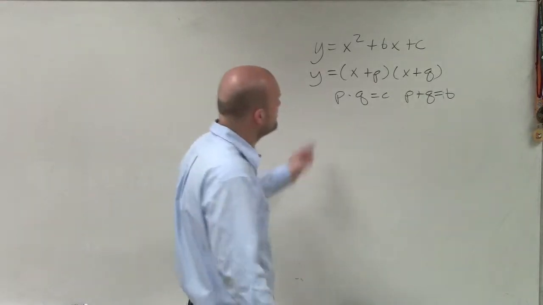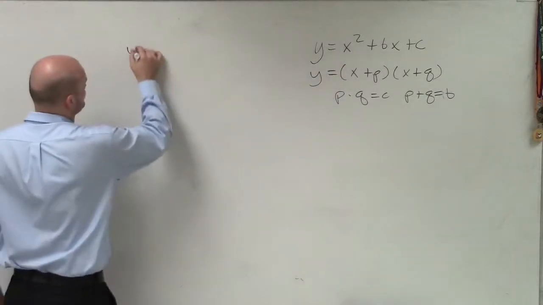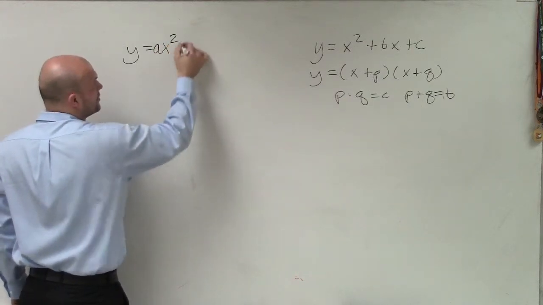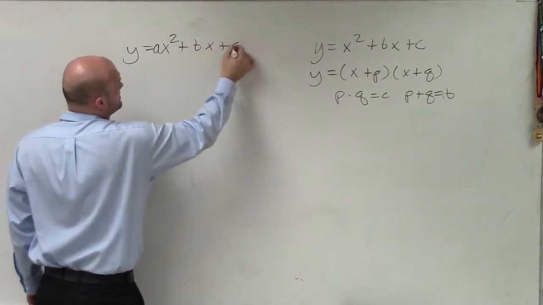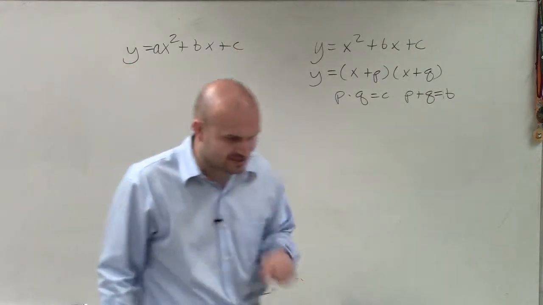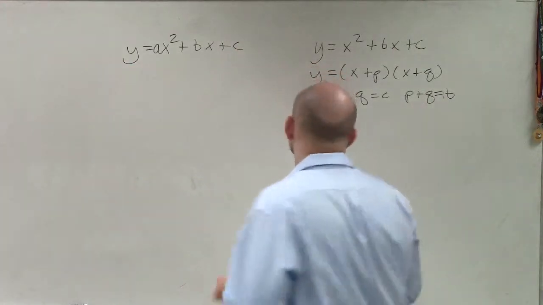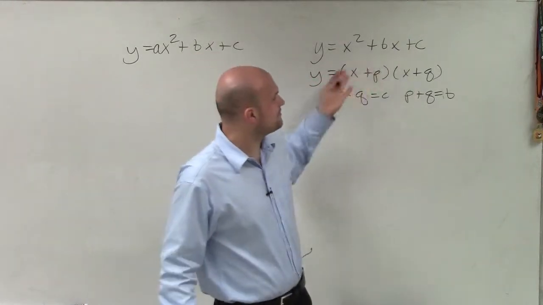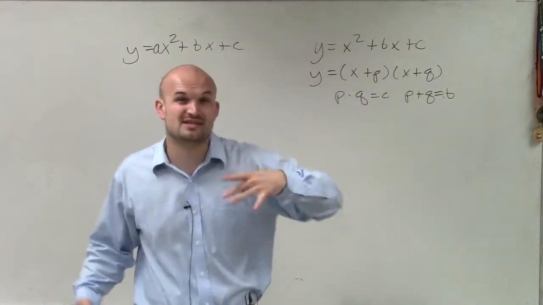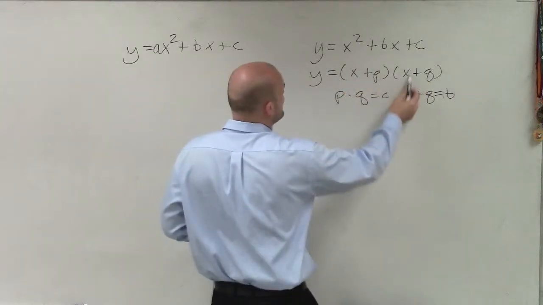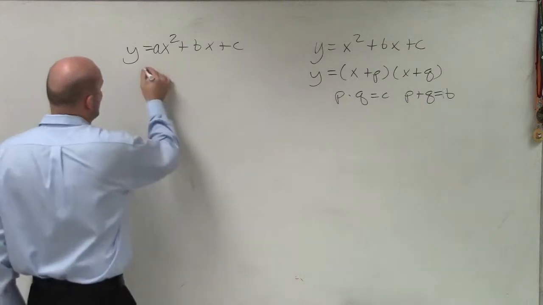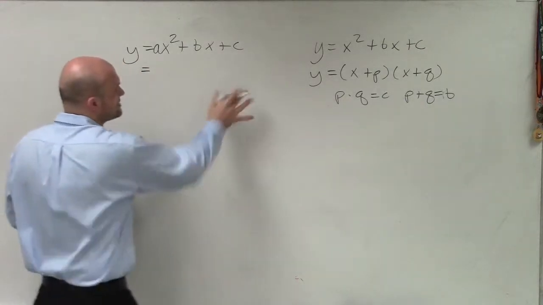Now what's important about when a is not equal to 1, now we're going to have a value for a. And what's really important about this is now we have to find our factors, because if you notice when I take these two binomials and I multiply them, I know that x times x is going to give you x squared, right? But the problem is, what a lot of students still do is they do the same technique.